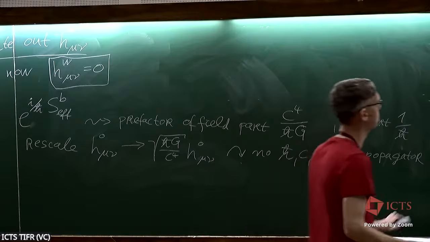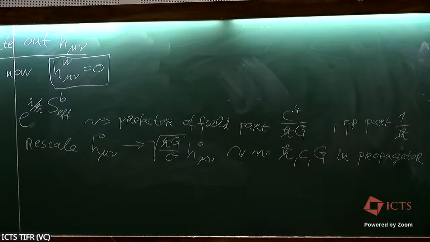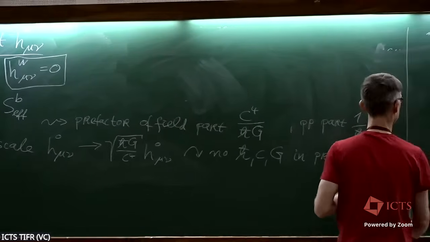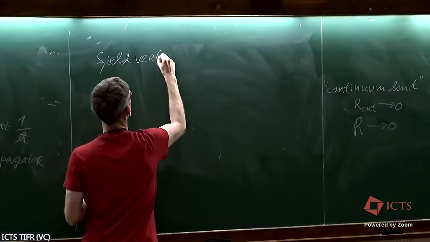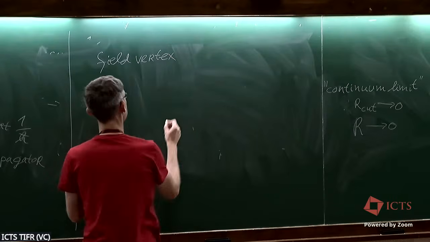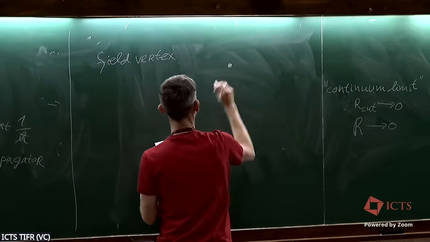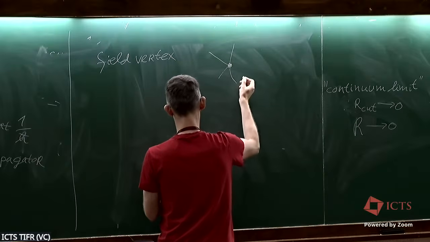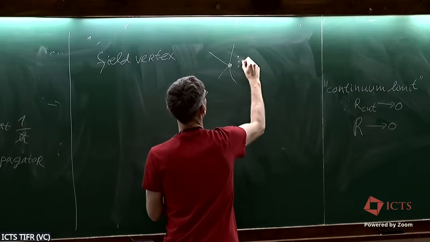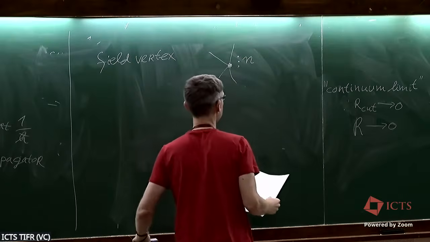And there's one more little thing that we can already know. If we have a field vertex, so this would be a vertex, and now we have graviton propagators going out of that, say a number of n also.